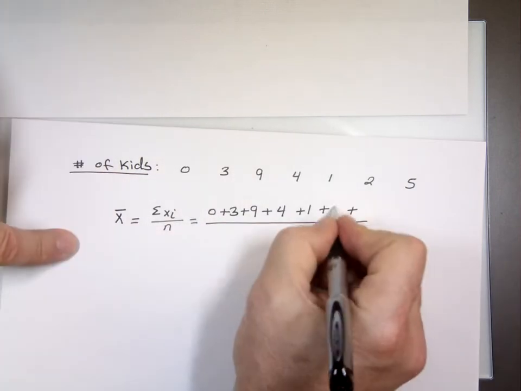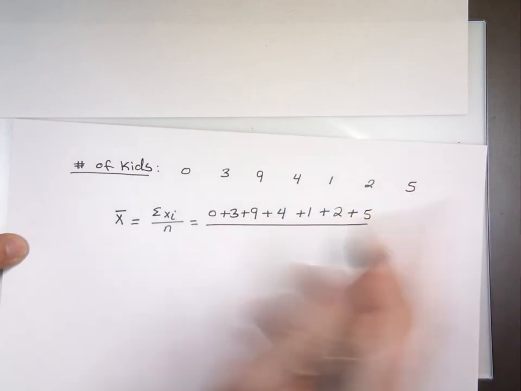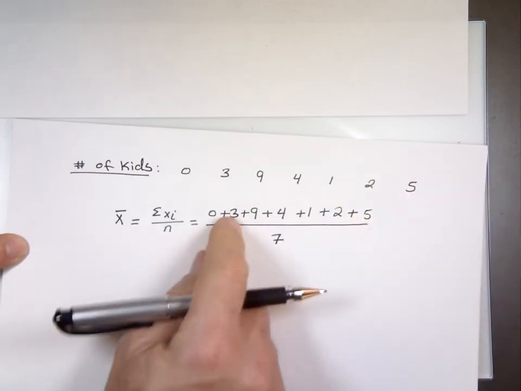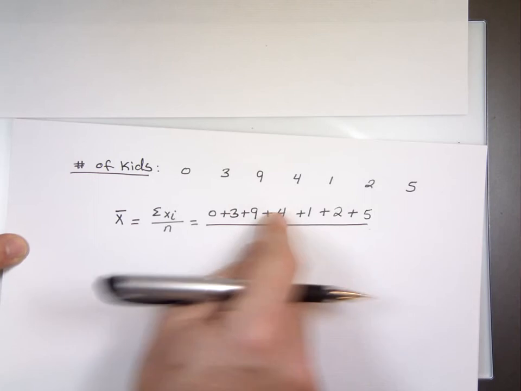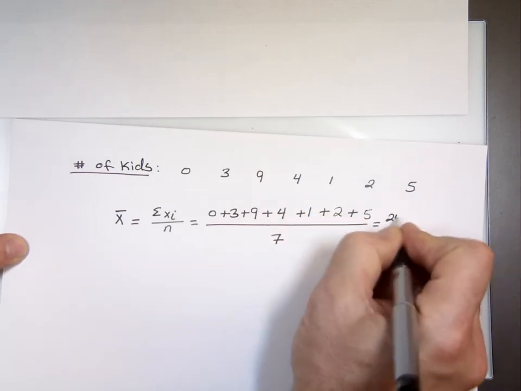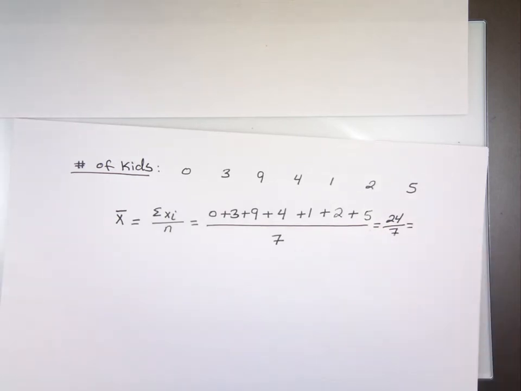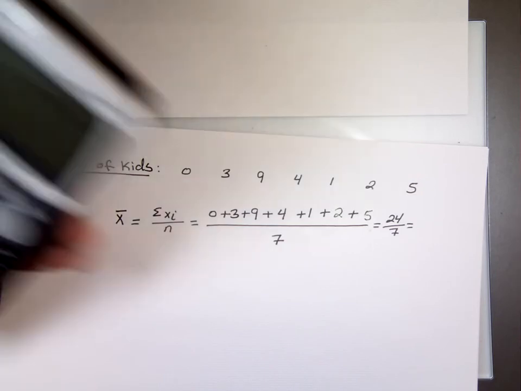That's a 2. Can't read my handwriting. That's a 5. And 1, 2, 3, 4, 5, 6, 7 divided by 7. So 3 and 9, 12. 16, 17, 18, 19, 24. So 24 divided by 7. We can say the average family in Springfield has 3.43 kids.